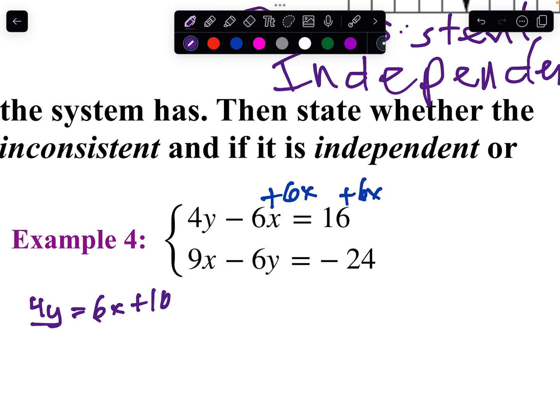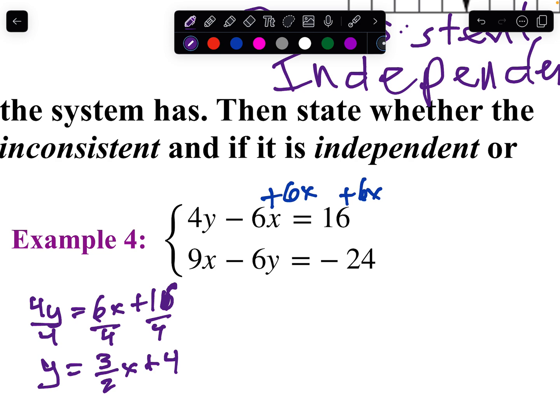Then we'll divide everything by 4. y equals 6 over 4, I can reduce to 3 over 2 x. And 16 divided by 4 is 4.